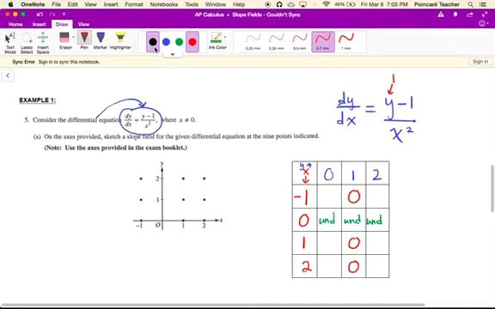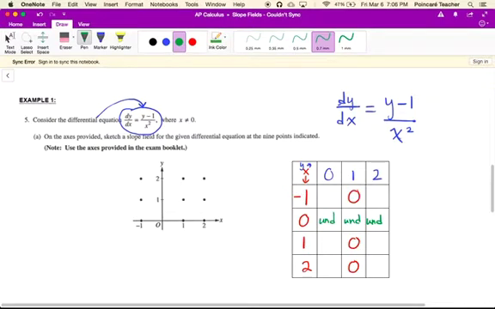And then if the denominator is equal to 1, that only happens when x is either negative 1 or 1.